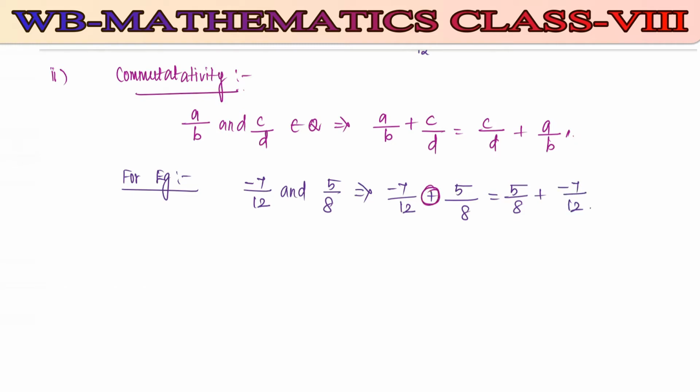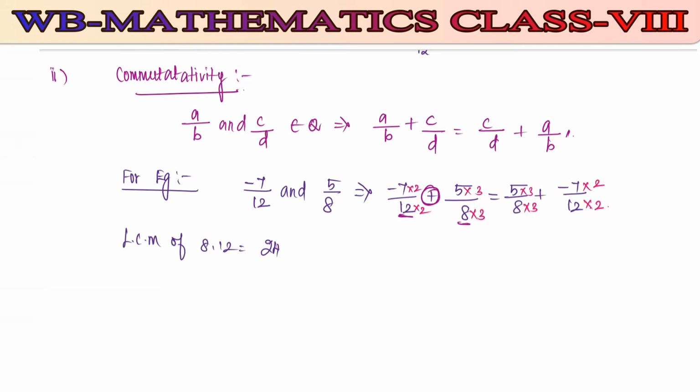In between we have plus, so we have to check the denominators. The denominators are not the same, so we need to take LCM. LCM of 8 and 12 is 24. So here I can write minus 7 into, here we have 12, so to get 24 I multiply by 2, and here also by 2, and here 3. 8 3s are 24. I multiply numerator and denominator by 3 here and also 3, and here it is 2.